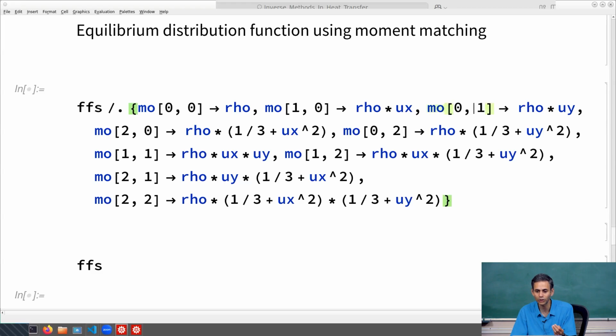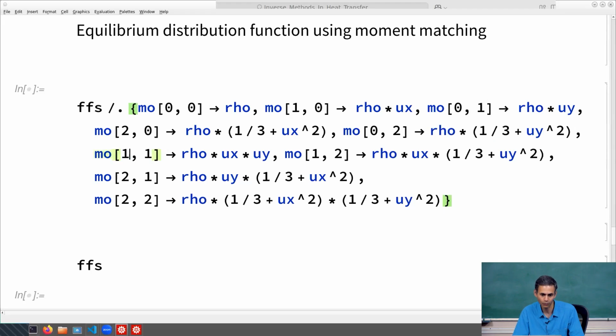And then moment of 0 1 is rho times uy, okay? Then moment of 2 0 is rho times cs square plus ux square. Cs square is 1/3, okay? And then similarly moment of 0 2 is rho times cs square plus uy square, okay?